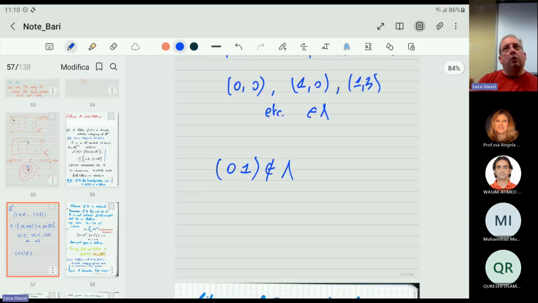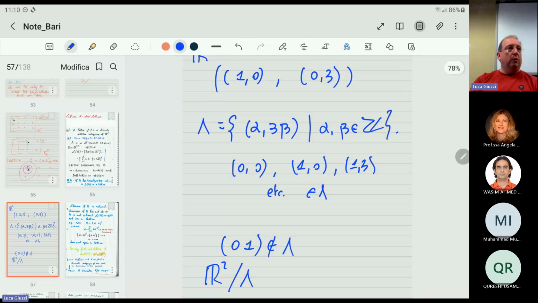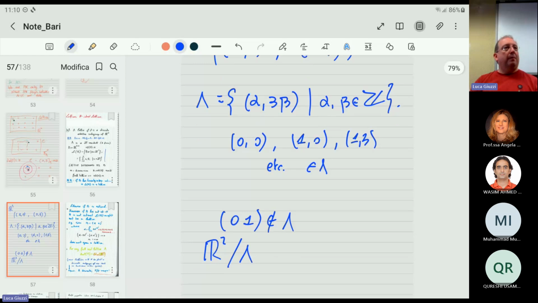There are different ways also to define lattices. There are more mathematically elegant ways, perhaps, to define a lattice, but perhaps less evident. If you take R^2 and quotient out the points of the lattice, thinking just of the additive group, you end up with something which is compact.